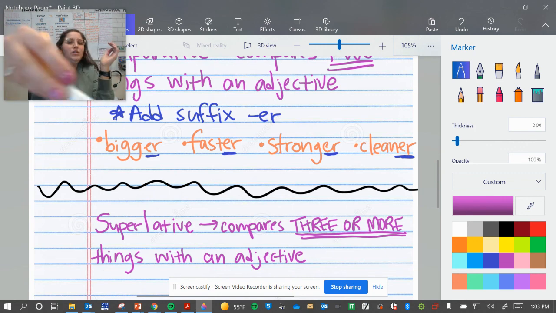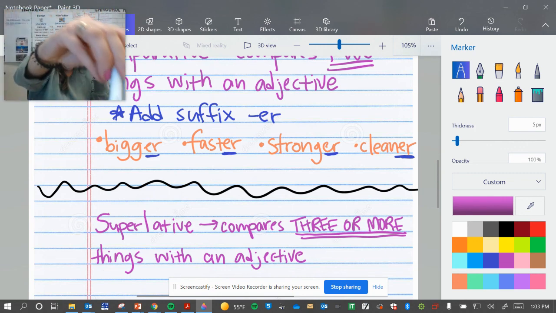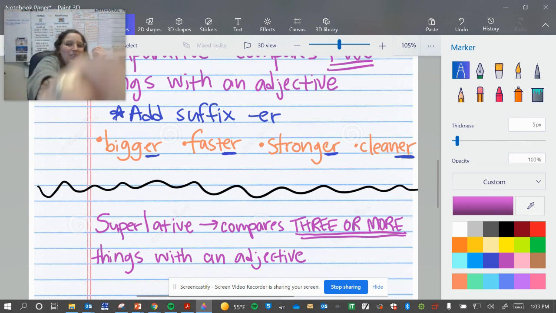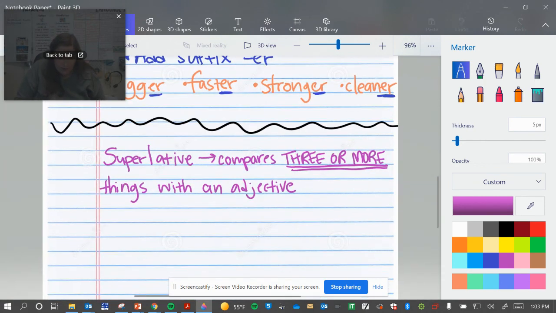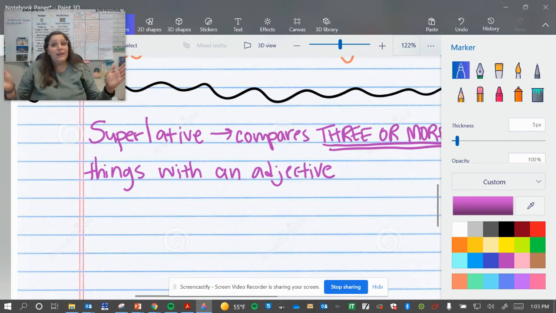What do you notice that those words end with? Est, right? When we are comparing 3 or more things, whether 3 things or a million things, I'm going to use a superlative adjective.